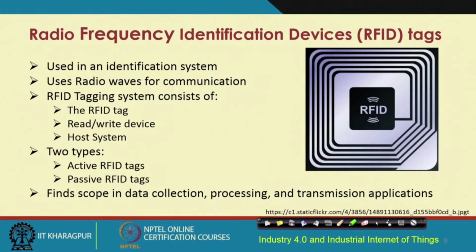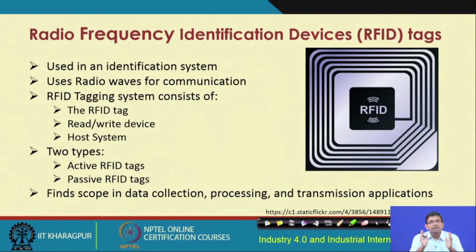RFIDs have two components, as we looked at in a previous lecture in detail. One is the RFID tag, which has different data embedded or stored in it, and the other is the RFID reader, which comes in close proximity of the RFID tag and is able to extract the information that is stored in the RFID tag.